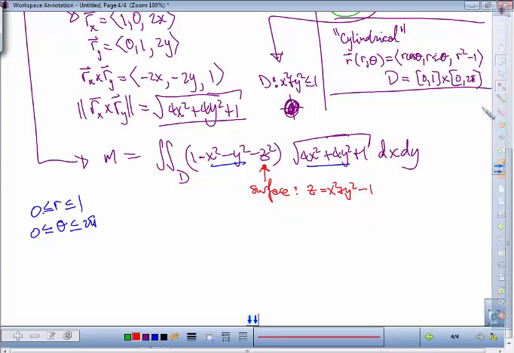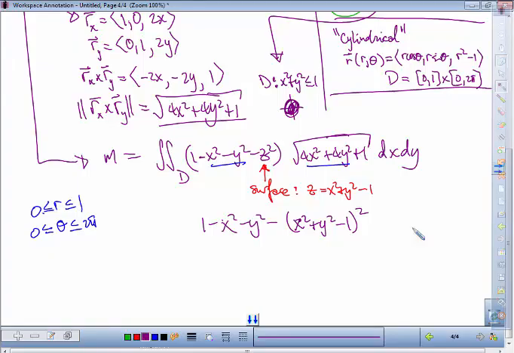So, boy. So 1 minus x squared minus y squared minus, I have x squared plus y squared minus 1 squared. Whatever this is going to be, I'm just going to leave it like that.